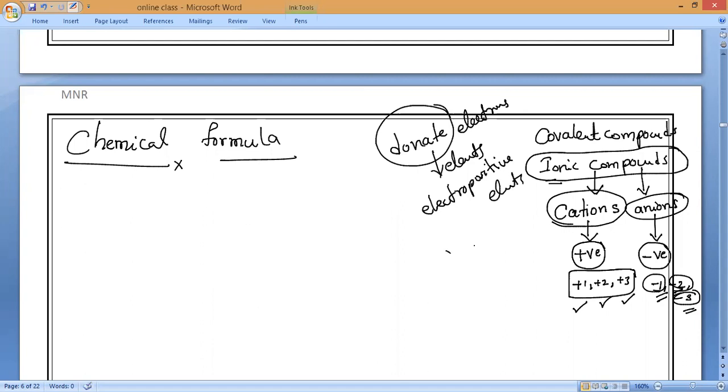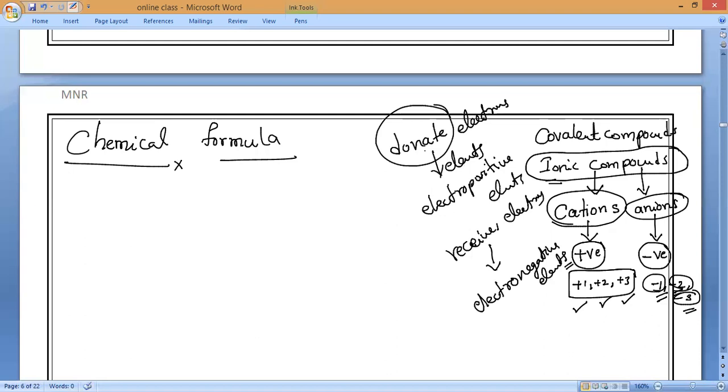And who will receive electrons? What do we call them, guys? Those that receive electrons are called electronegative elements. Understand, Harini?